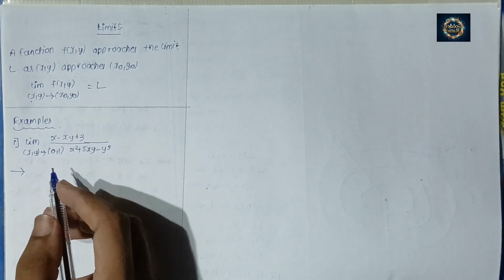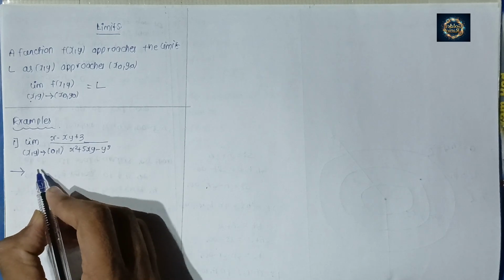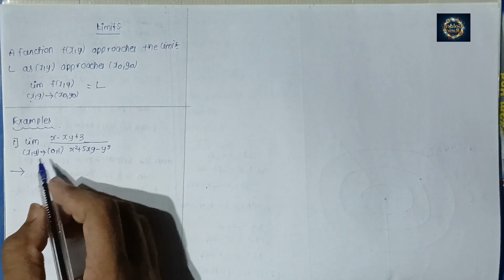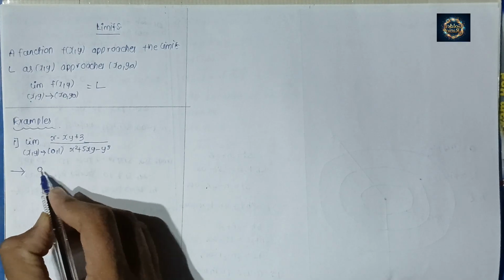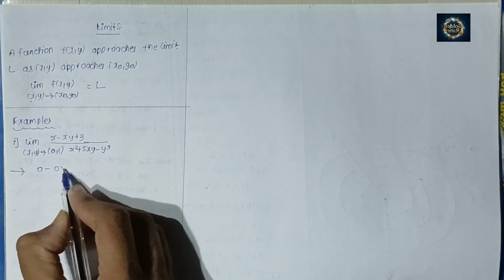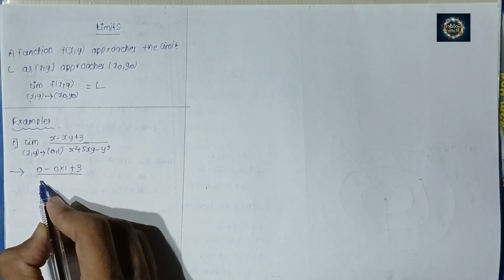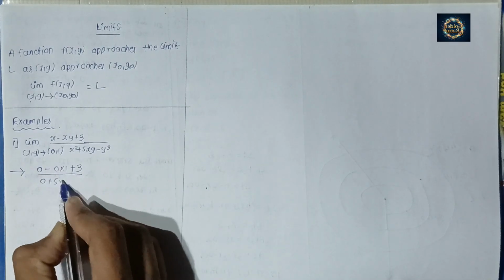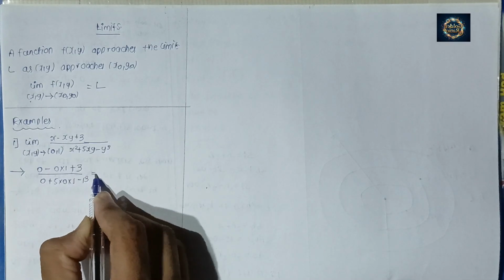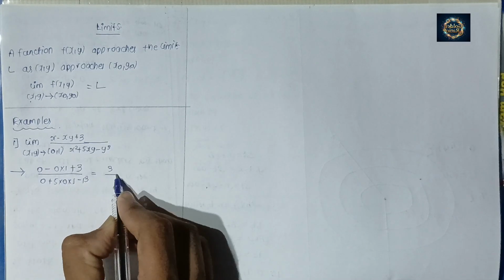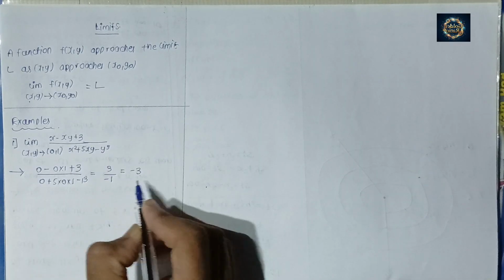Wherever x is there, we substitute 0, and in place of y we substitute 1. So the function is 0 minus 0 into 1 plus 3, divided by 0 square, which is 0, plus 5 into 0 into 1 minus 1 cube. So it will be 3 divided by minus 1, which is minus 3. This is the answer.